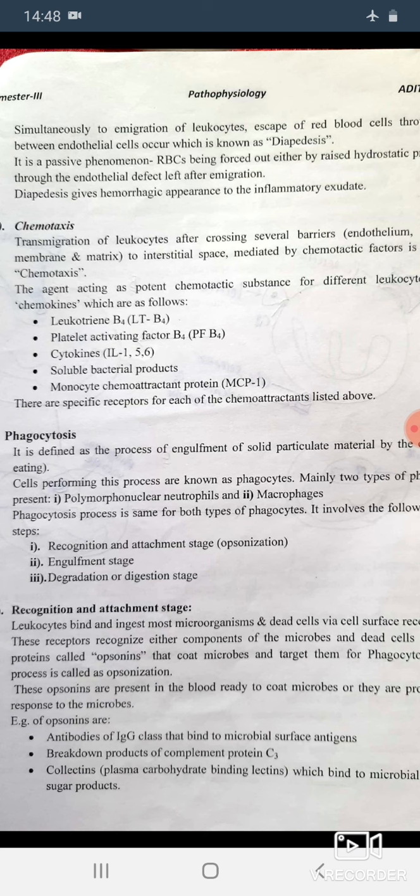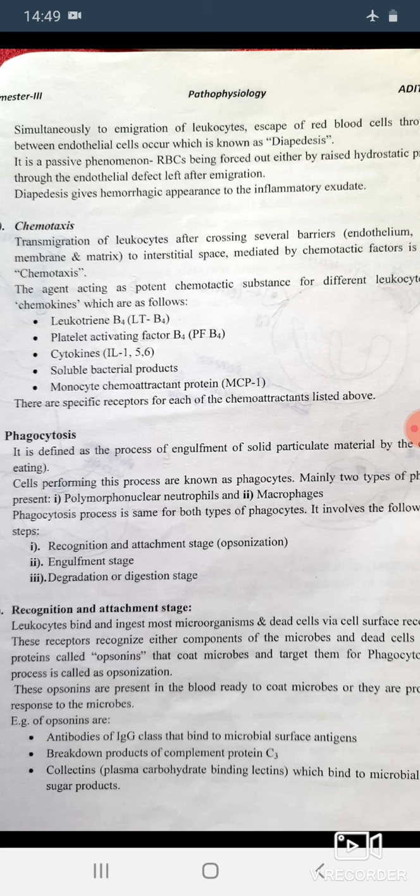Right. So in case of cellular events, there are two processes. First, exudation of leukocytes, and second, phagocytosis. Exudation of leukocytes occurs in 4 steps. First, the change in formed blood elements. In that we have seen 3 points: normal blood flow, then margination and pavementing. Then the second phase is the rolling phase and adhesion phase. Rolling phase is due to selectins and adhesion phase is due to integrins.